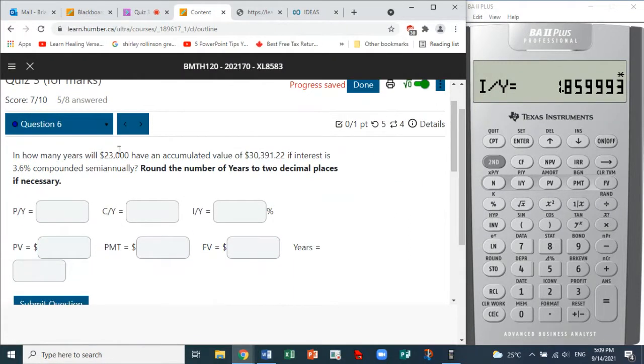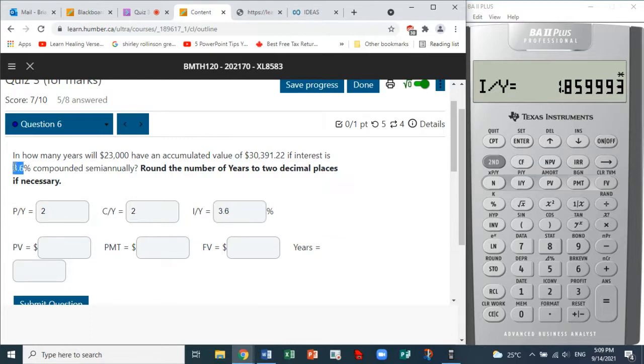Anyway, in how many years will $23,000 have an accumulated value of $30,391.22 if interest is 3.6% compounded semi-annually? Compounded semi-annually means P/Y would be 2 and C/Y would also be 2. The interest rate is 3.6.